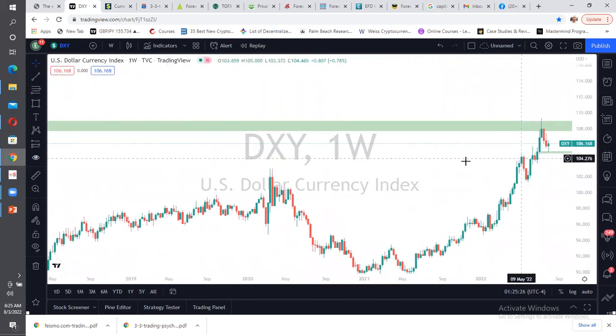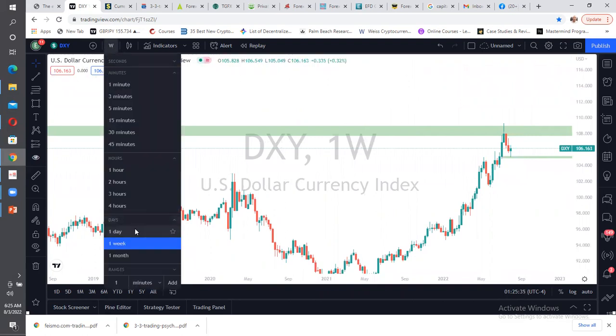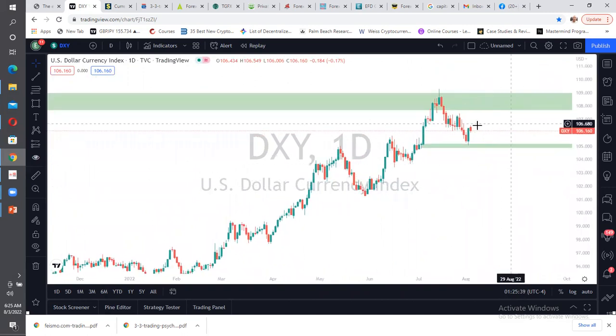So market hit this level, then came back, traded into this particular order block and started pulling back. Then let's go back to a lower time frame, like the daily time frame. In daily time frame, this is what we're seeing. It has broken the structure and pulled back to this particular order block on daily time frame to go down.